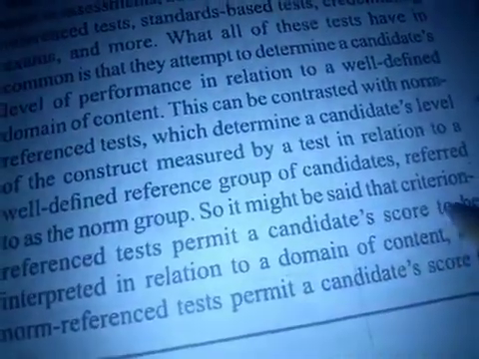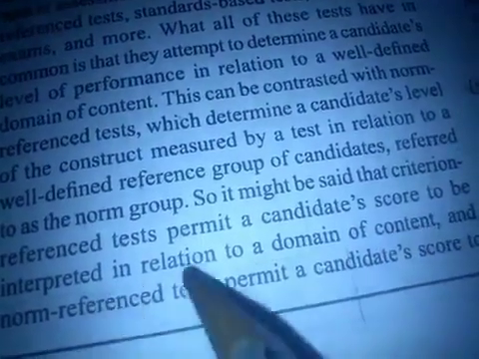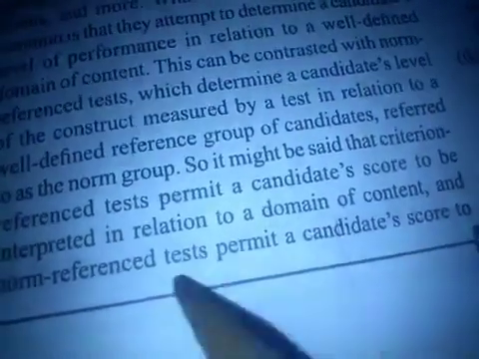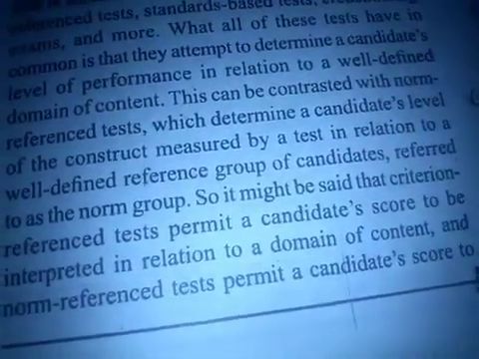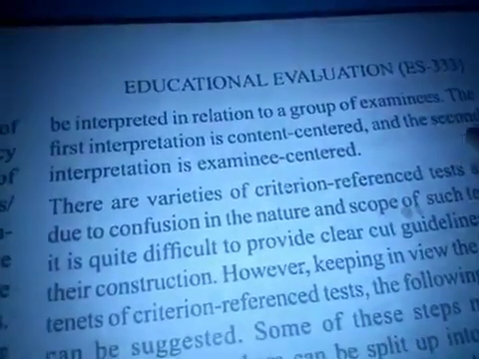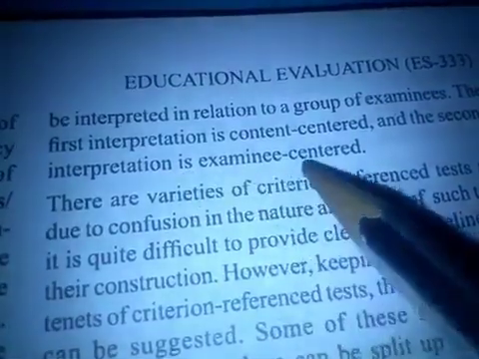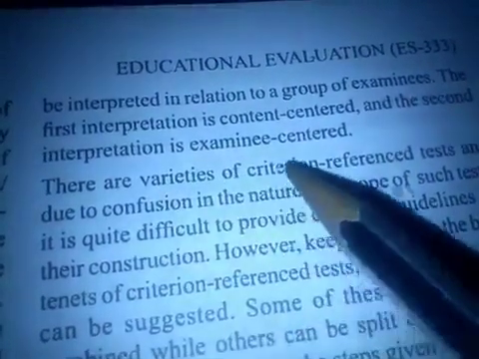So it might be said that criterion-referenced tests permit a candidate's score to be interpreted in relation to a domain of content, and norm-referenced tests permit a candidate's score to be interpreted in relation to a group of examinees. The first interpretation is content-centered and the second interpretation is examinee-centered.